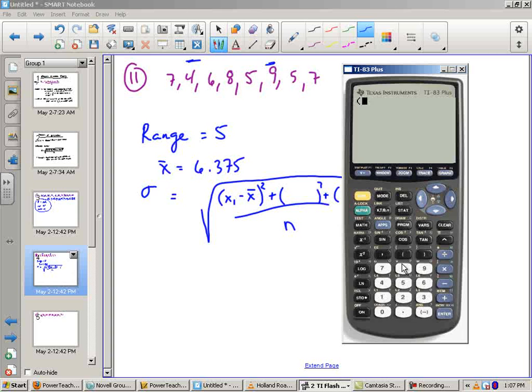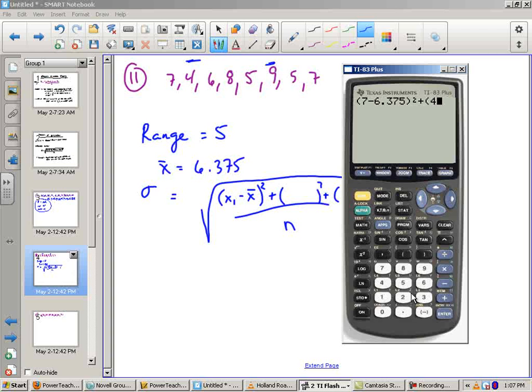So I'm going to start with parentheses, okay, and then I'm going to have 7 minus 6.375 squared. It's going to take a little bit. Oops, back up. Parentheses squared plus parentheses.